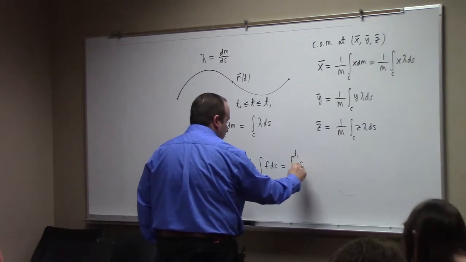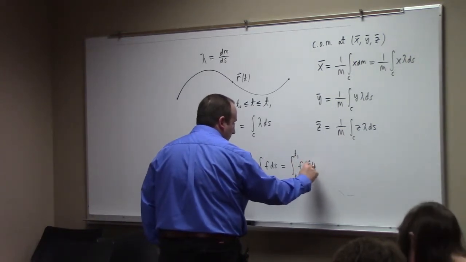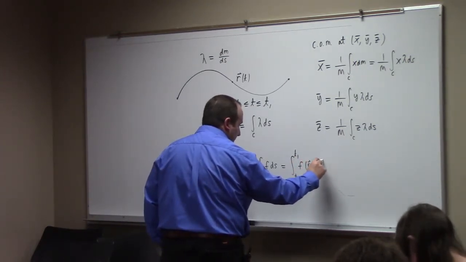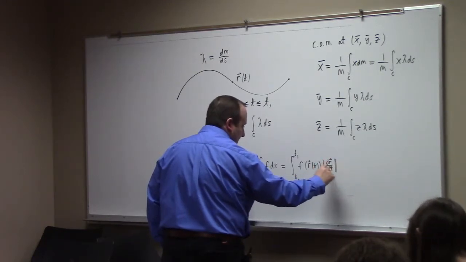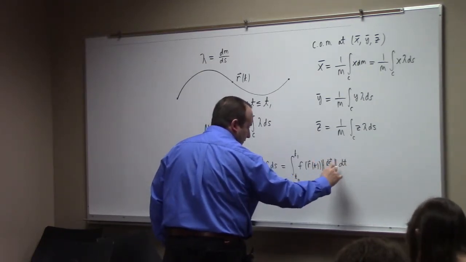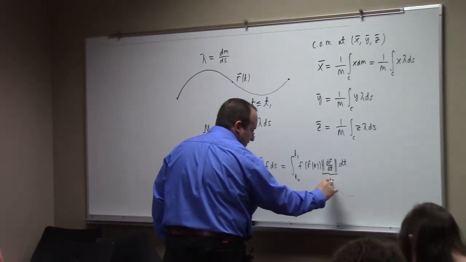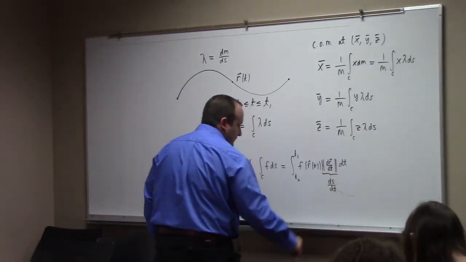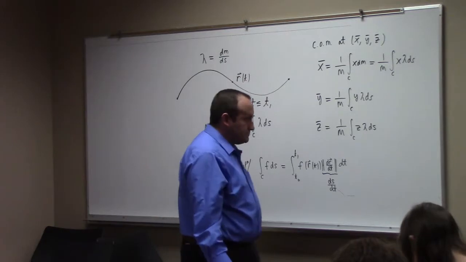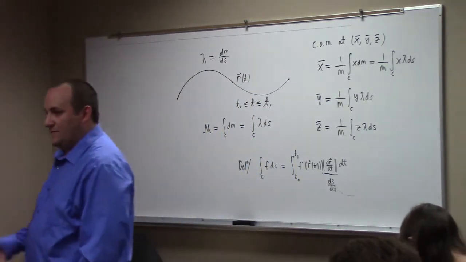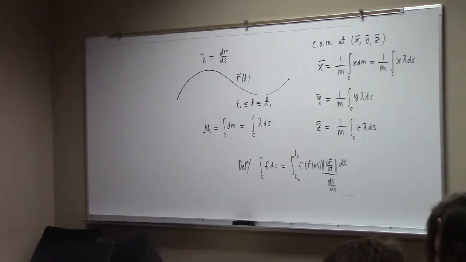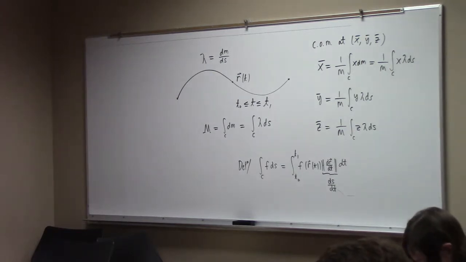You take the function, evaluate it at r of t, and then multiply that by the length of dr/dt. You might recognize this: this is ds/dt. It's the speed. So the f, quote unquote, here is either just lambda, or x times lambda, or z times lambda, or y times lambda, depending on which integral of these 4 you're doing. So that's that problem.